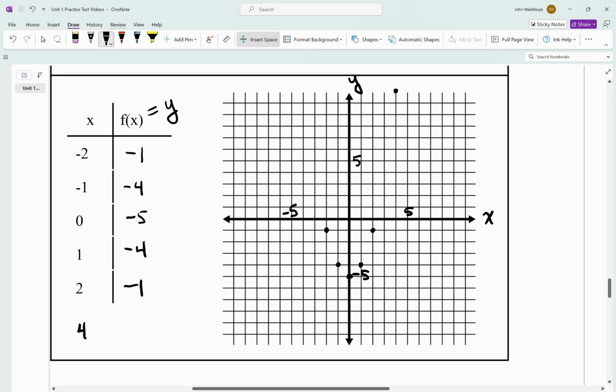So we're up here. And if you can see, there's a symmetry here. If I go over 4 in the other direction, 1, 2, 3, 4, there'll be a point over here at the same spot. And so now I can connect these with a curve at the bottom, and then just go up from there.